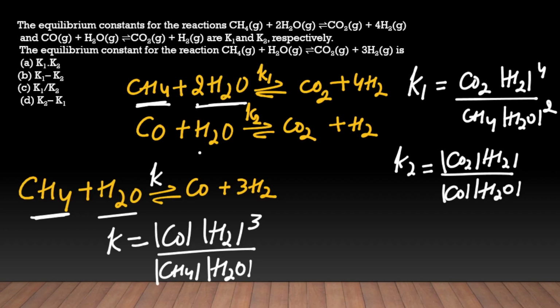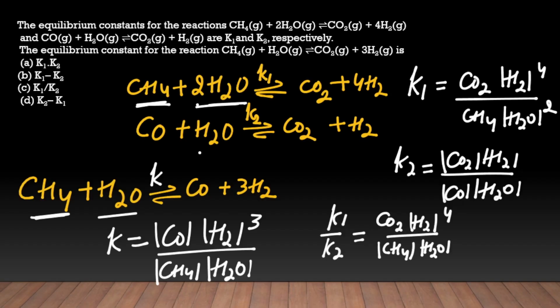If you divide these two, K1 by K2, you will be getting CO2 into hydrogen to the power of 4 upon methane and the water raised to the power of 2, and here in the denominator is CO2 and the hydrogen concentration. This is for K2, I am writing CO upon the water. So if you solve this, you see the CO2 and CO2 are cancelled out. Out of these two waters, one water and one water will get cancelled out.